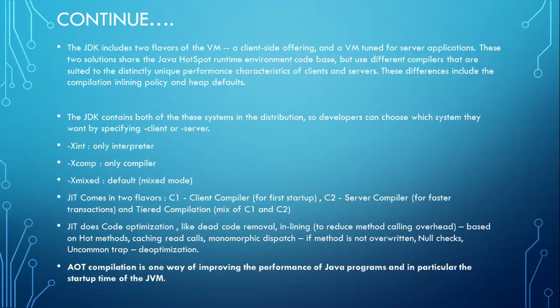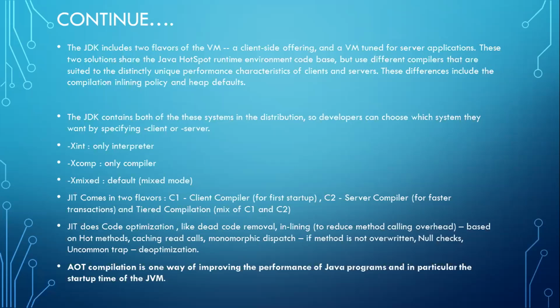Good. So there are various options, and you can try and test them whenever you have time. You can execute your Java program with -Xint, which means you want to execute your Java program only in interpreted mode. That means just-in-time compilation will not kick in at any time.